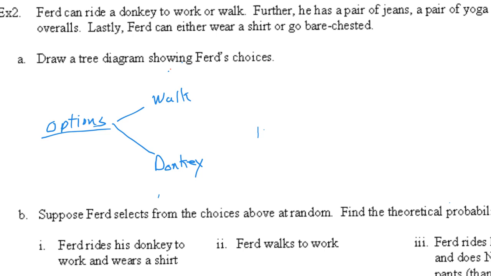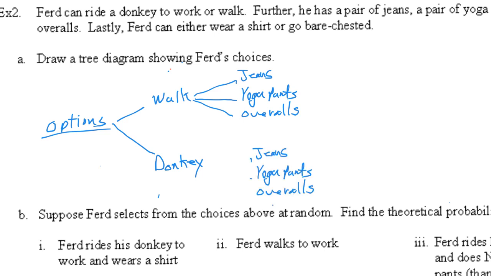So imagine if he first decided he's going to go for a walk. But now his second choice, he's got three possibilities, and they are jeans, yoga pants, and overalls. So he decides to walk, and then his secondary choice creates another set of leaves on our tree, which are jeans, yogas, and overalls.